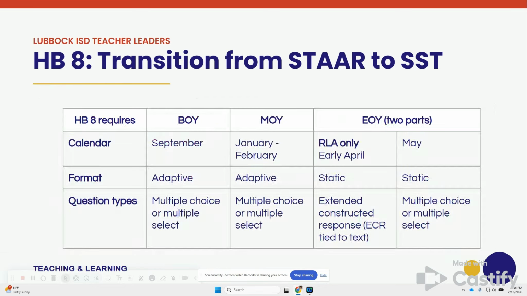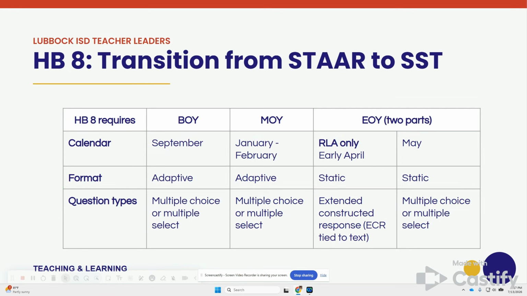The final bit of information that we know about the SST assessment next year is just a brief look at the calendar. We know that for the beginning of year assessments, students will take those in September. The format will be adaptive, meaning that if a student starts answering questions wrong, the test will become easier. And if the student is answering questions consistently correctly, the test will get more difficult.